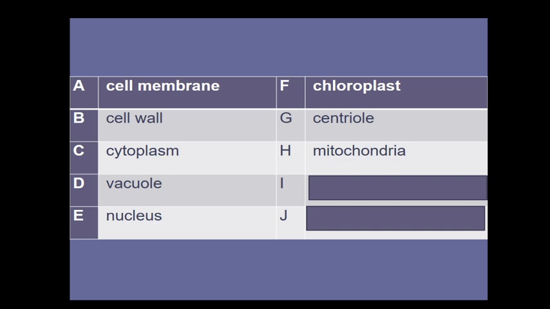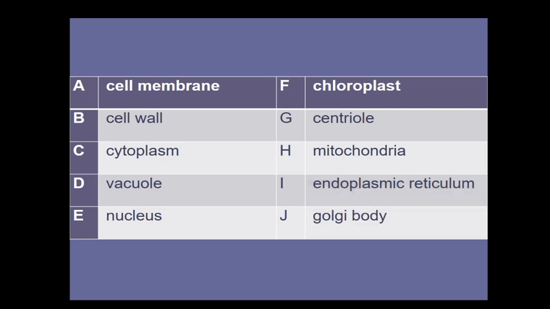Right, I transport substances around the cell. That makes it the endoplasmic reticulum. Please note that the endoplasmic reticulum is found in both the animal and the plant cell. And then the last one, J, is the Golgi body. Golgi body is also found in both plant and animal cells.